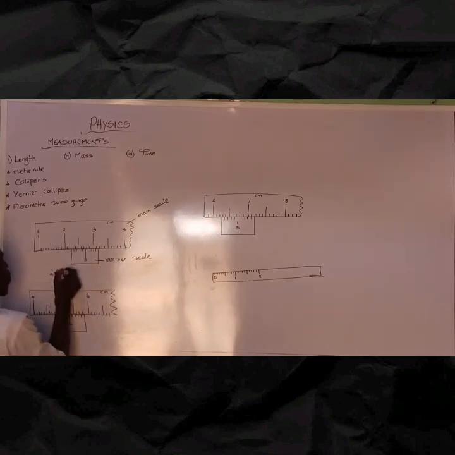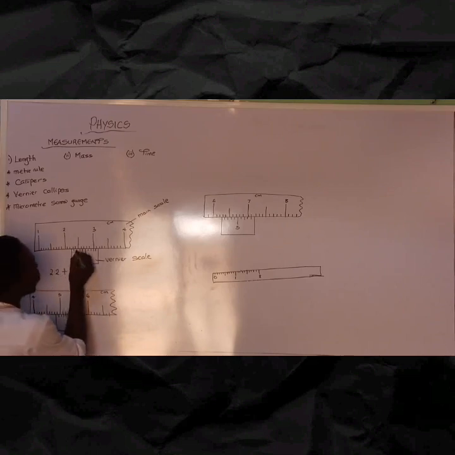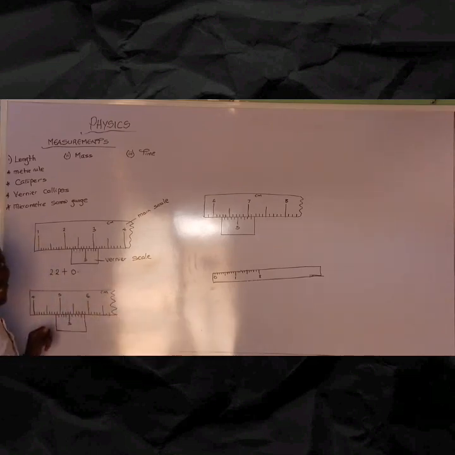Then plus what the vernier scale is reading. Is it 2.24? Is it 2.25? So it's actually reading 0.0. That is the number here.